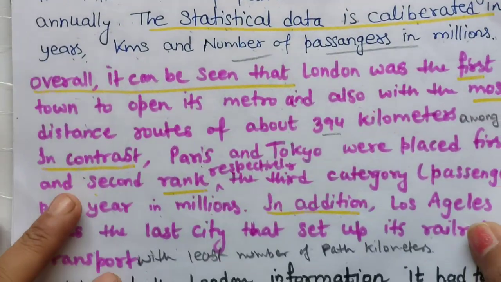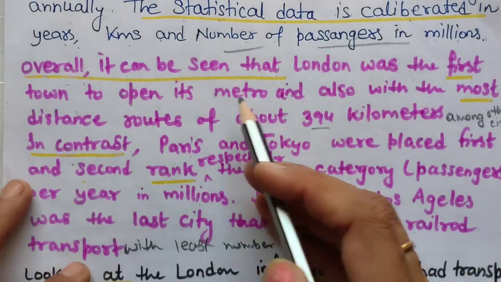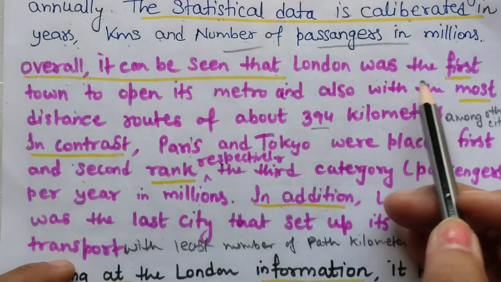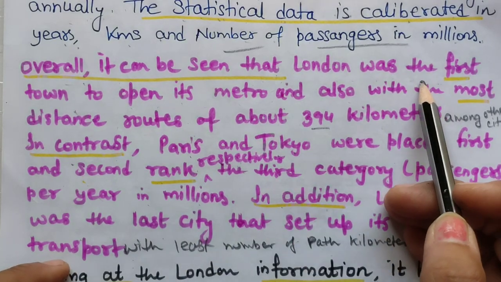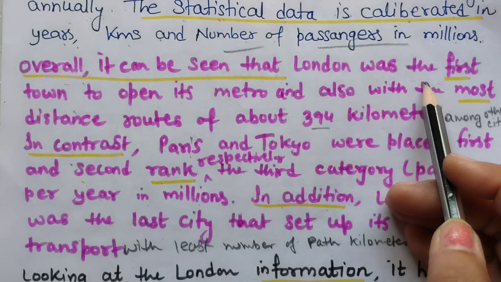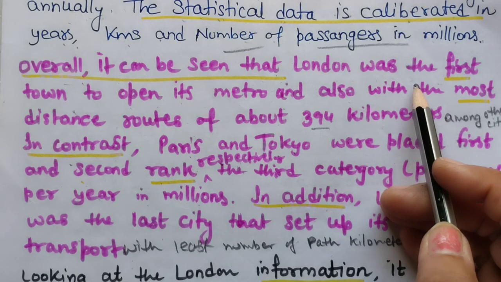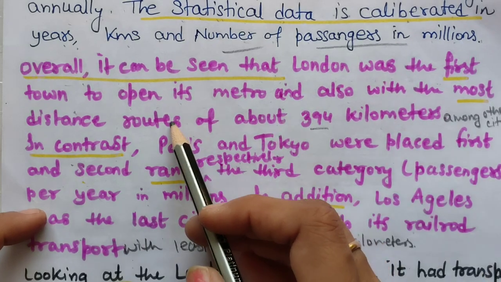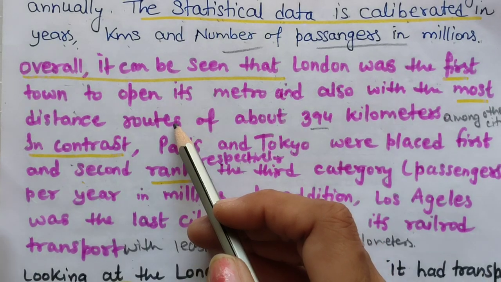So let's see. Overall, it can be seen that London was the first town to open its metro. Or you can write London is having the oldest railway subway system.